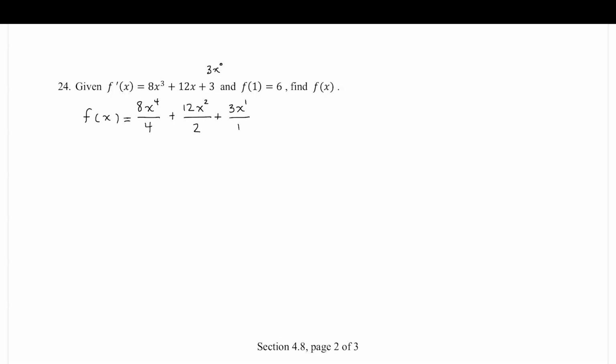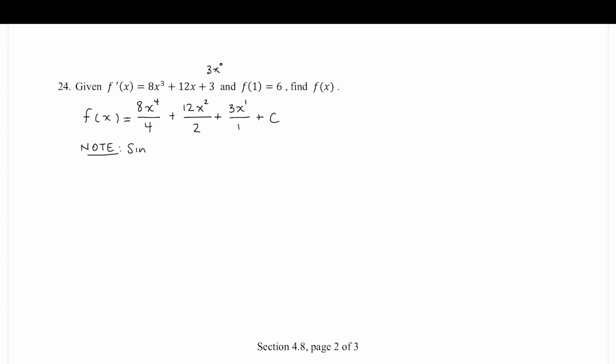Now in this case, you don't see it asking for the general antiderivative. In fact, they gave us the fact that f of 1 is 6. So what we're going to do is start with the constant, but then we're going to find out what that constant is.